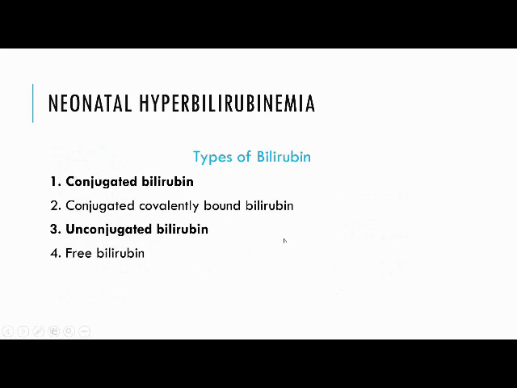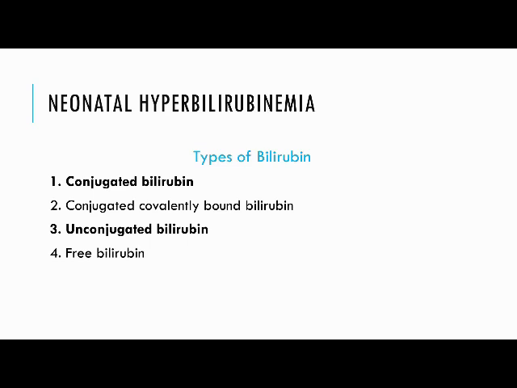So these are the different types. There are actually 4 different types of bilirubin. The 2 bold ones are the most commonly referred to, and we'll be referring to them over and over today. But there are actually 4 types. First, conjugated bilirubin, which is water soluble and can be excreted in the urine and the feces.